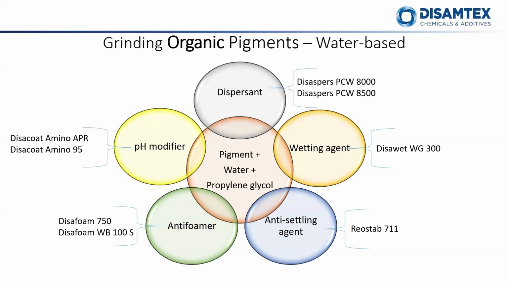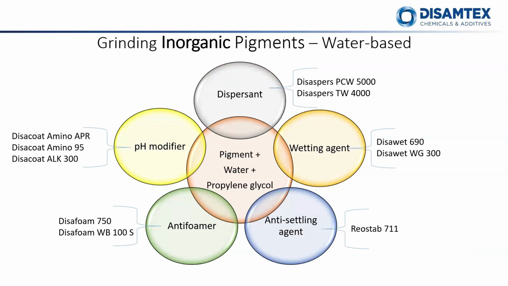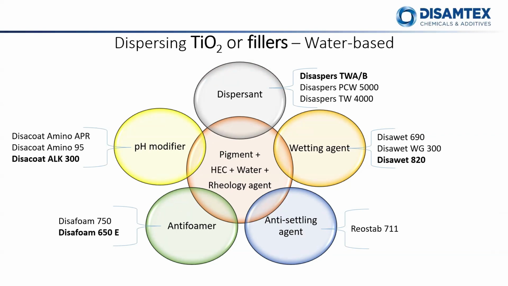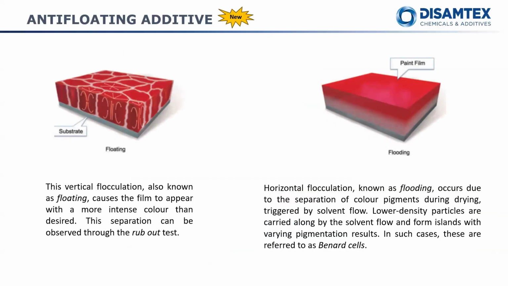A whole pack of additives that perform well synergistically and give great outcomes in the paint. If the customer's case is inorganic pigments, then there is also a combination of products. Same with mineral fillers. In bold letters, our latest best recommendation.